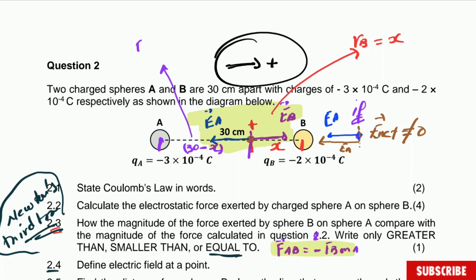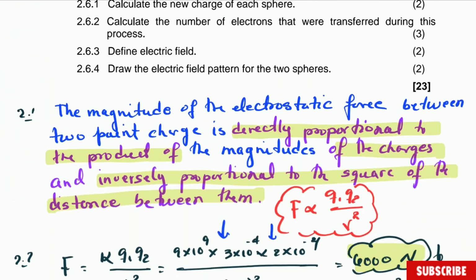This one is RA, which is equal to 30 minus X. But be careful, because you cannot work with 30 centimeters, so it must be converted to meters. In actual fact, it will be RA equal to 0,3 minus X, and this is the distance A. Important, and this could be one of the very tricky parts, which is to determine the distance there.